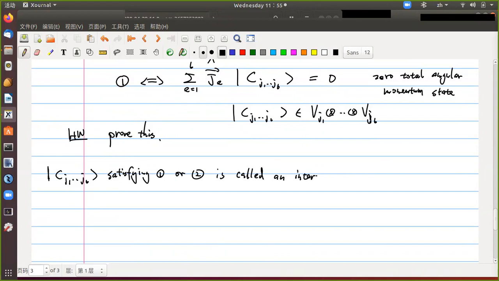Of course you can call it an invariant state, you can call it a zero angular momentum state, and you can also call it an intertwiner. In most of the loop quantum gravity literature, people call this state an intertwiner.